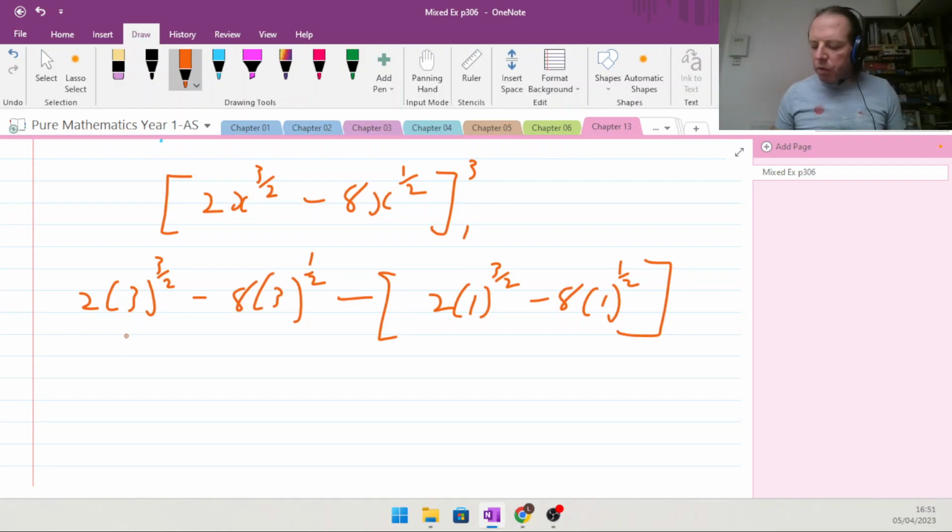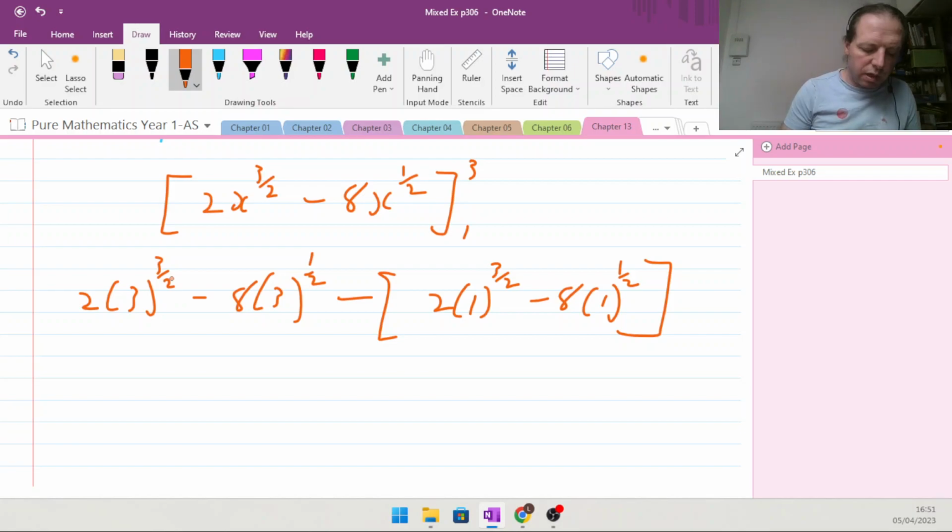All right, so what do we have there? We've got 3 to the power of 3 over 2, which is like 5 point something, and this is where the calculator doesn't come into its own. So what are we doing there? We are cubing it and we are square rooting it.